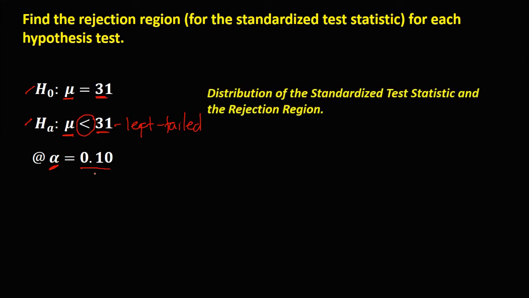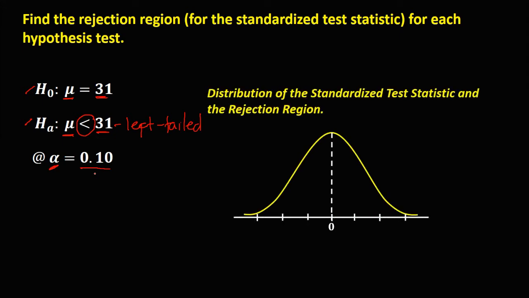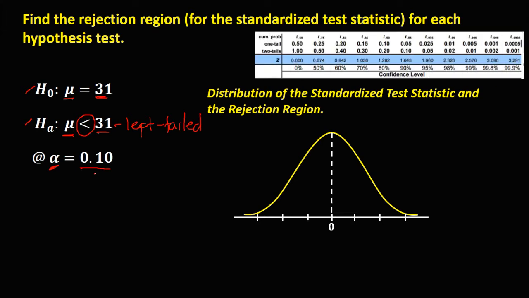So to find now the rejection region, in a normal curve, since left-tailed, this one is one tail. And the level of significance is 0.10. So under one tail, we have this 0.10. So z now is equal to 1.282.